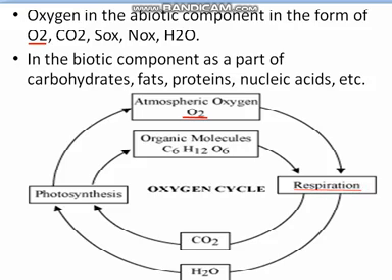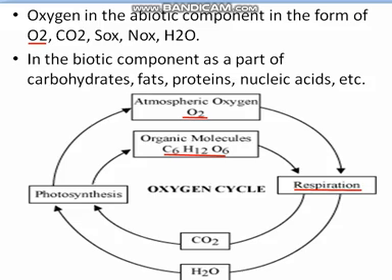And in the process of respiration, respiration is simply the breakdown of food to get energy. The food, for example, this is glucose molecule. In the process of respiration, this glucose molecule, with the help of oxygen, is broken down to get energy in the form of ATP.